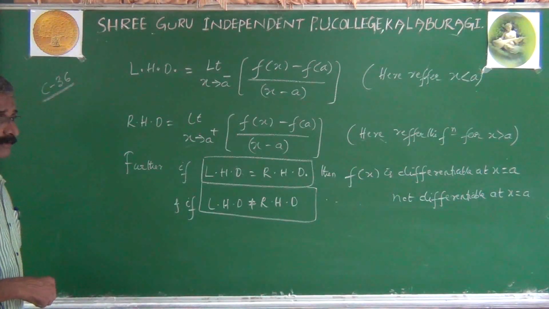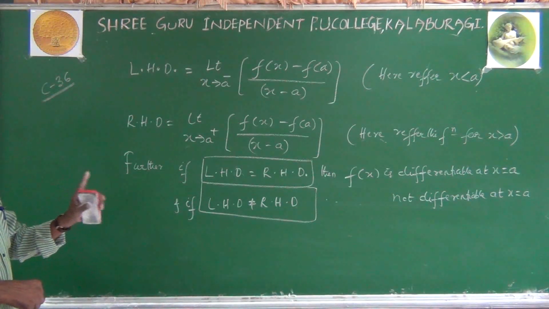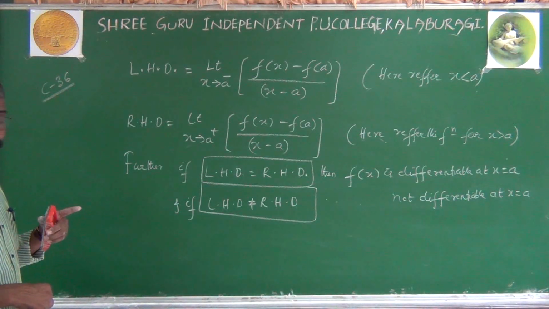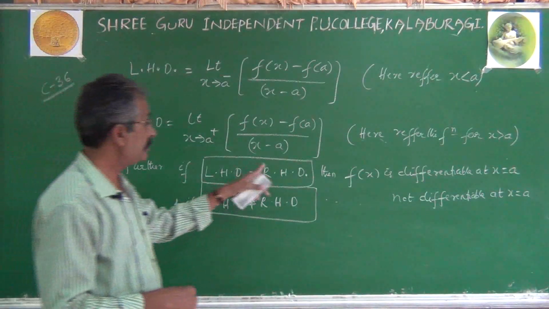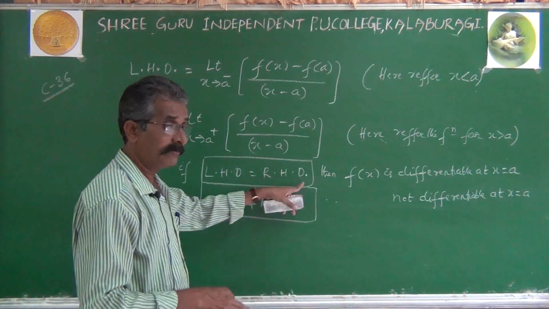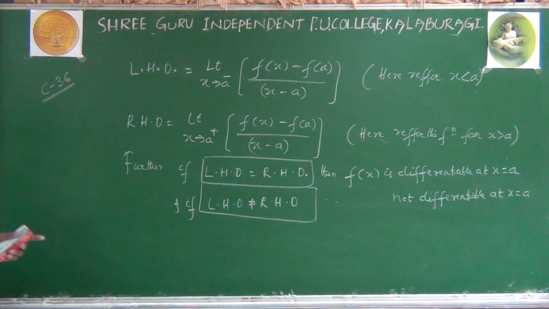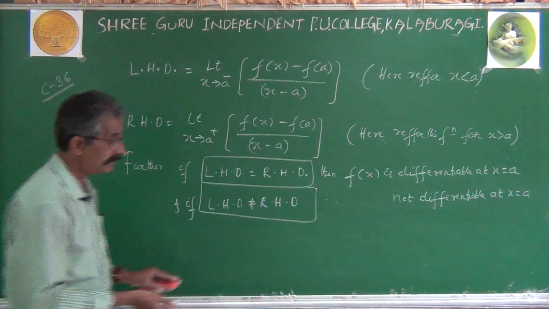And one important point you keep in mind: in case of continuity, LHL must be equal to RHL and must be equal to f of a, but for differentiability, LHD equals RHD, which may or may not be equal to f of a. That does not count in differentiability, whereas it counts in continuity.